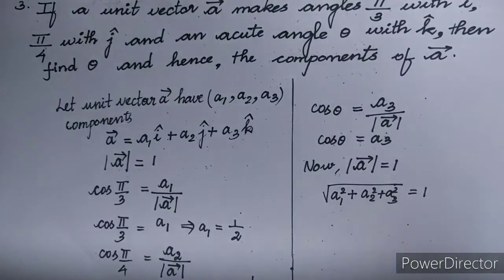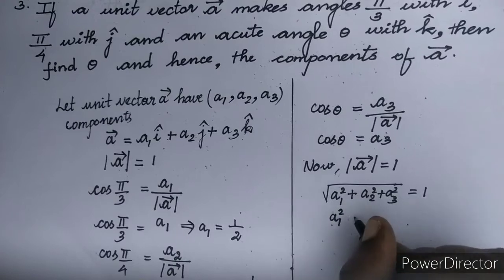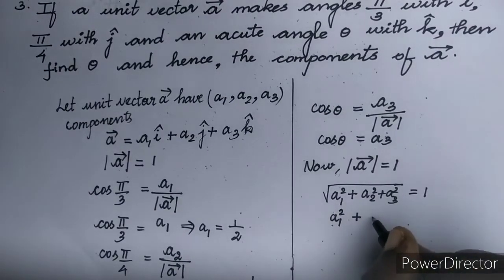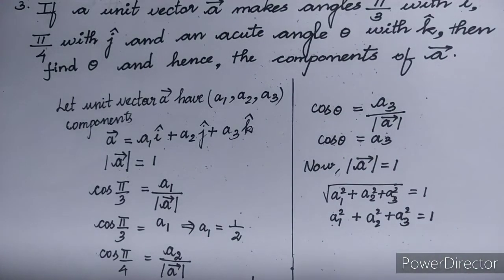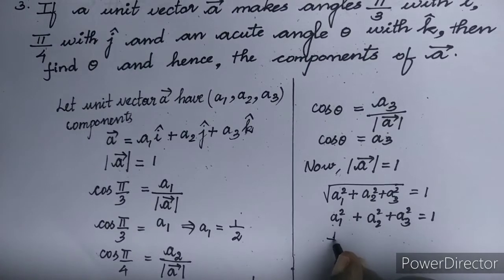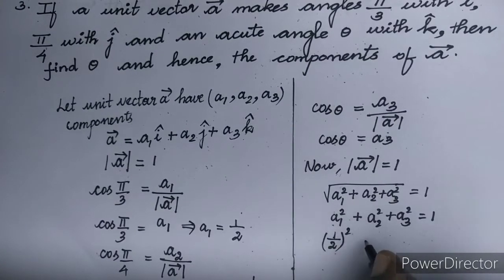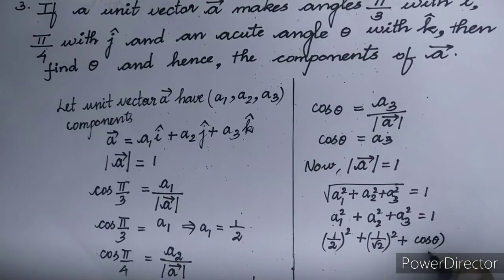If you square on both sides, you will get A1 square plus A2 square plus A3 square is equal to 1. We already know the value of A1, A2 and A3. We will substitute here. Our A1 is 1 by 2. So, 1 by 2 square. Our A2 is 1 by root 2. So, 1 by root 2 square. And our A3 is cos theta. So, cos theta square, which is equal to 1.